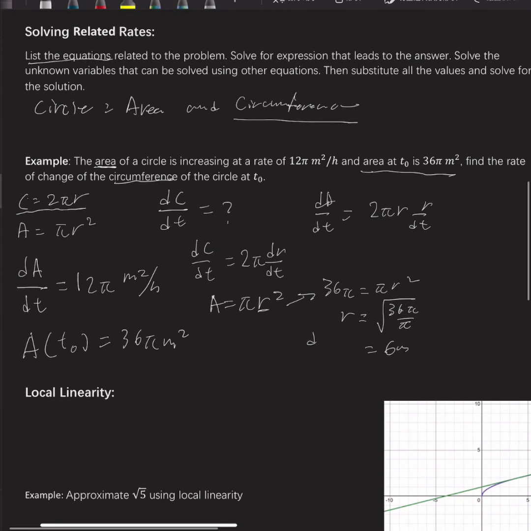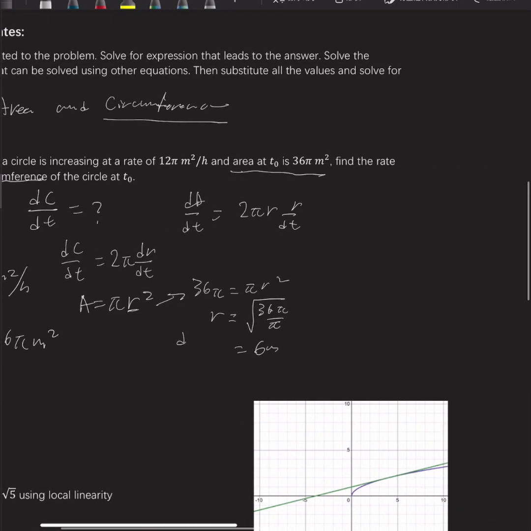dA/dt is 12π. So that's 12π equal to 2πr dr/dt. We just solved for r. That is 6 meters. So times 6, that gives 12π dr/dt, which means that dr/dt is equal to 1.